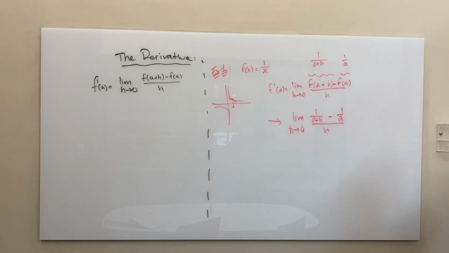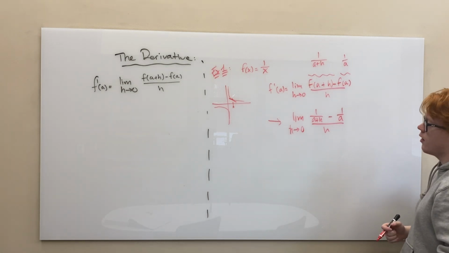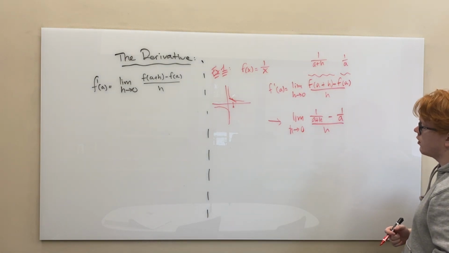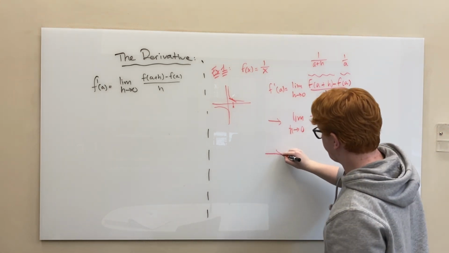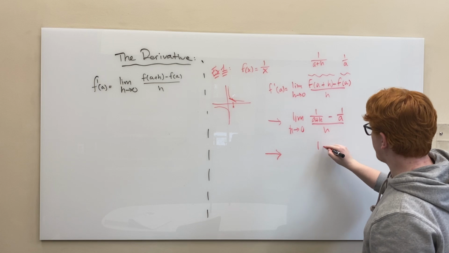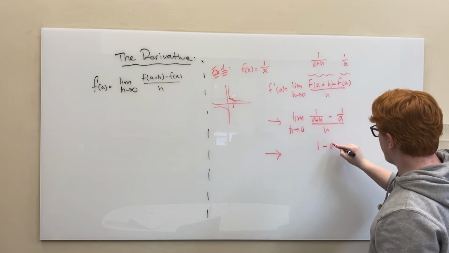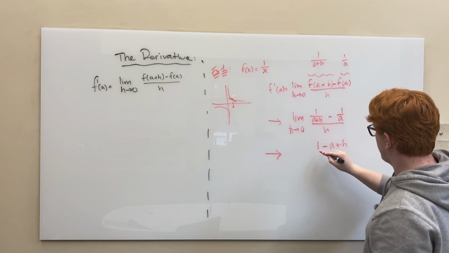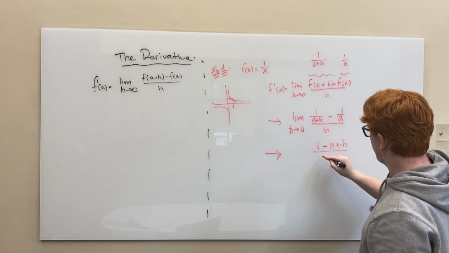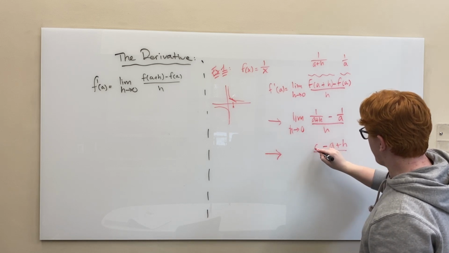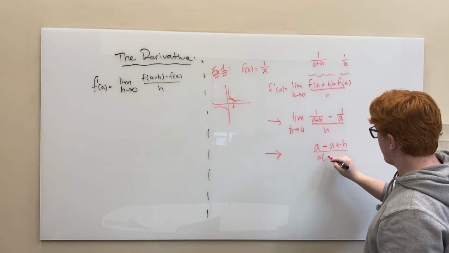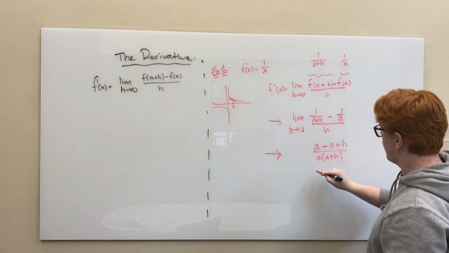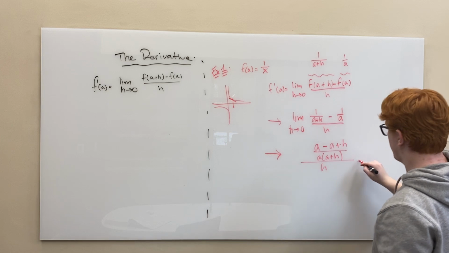Okay, and what we can do here is some basic algebra. We're going to have a minus a plus h over a times a plus h, all over h.